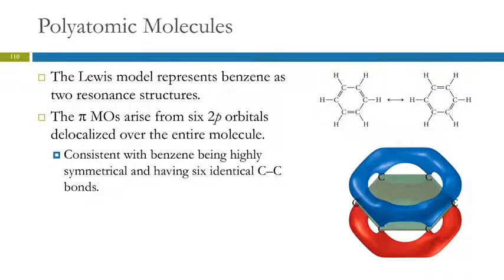So we end up with 6 identical carbon-carbon bonds, and they are intermediate in strength between a double and a single bond. This resonance stabilization makes this molecule very stable compared to something that maybe had 1 double bond or no double bonds.